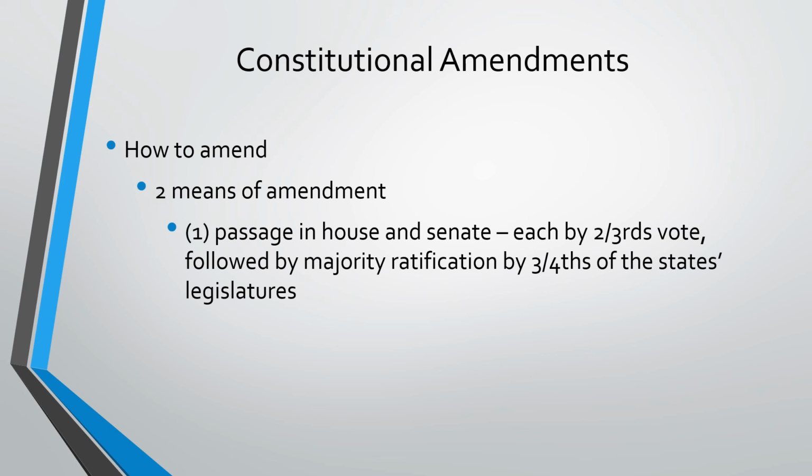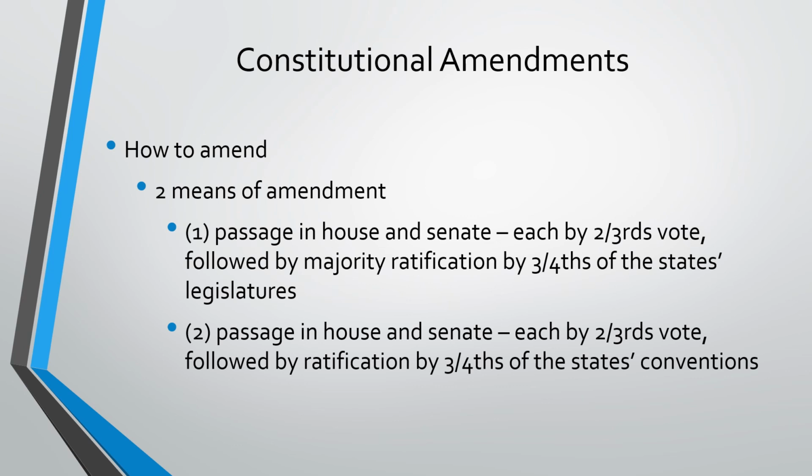An amendment has to pass both chambers of Congress, each by a 2/3 vote. It is then followed by majority ratification by 3/4 of the state's legislatures. The second way is also passage in the House and Senate, each by 2/3 vote, followed by ratification by 3/4 of the state's conventions. So it can either be the state's legislatures or the states can hold conventions to pass the amendments.